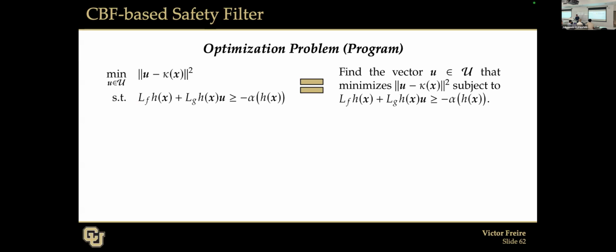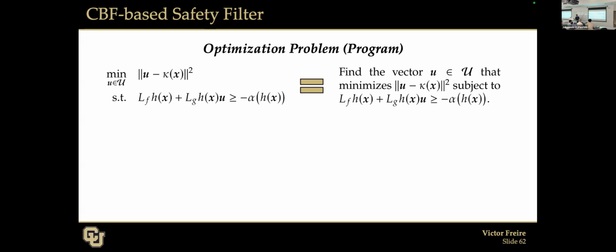And the other constraint, that the input be admissible, well, if that's a polyhedral constraint, like the F16 example constraints that I gave you on the flaperon and the elevator, which are even simpler than that but are polyhedral, then the optimization problem becomes what's called a quadratic program. A quadratic function subject to linear constraints is a quadratic program.